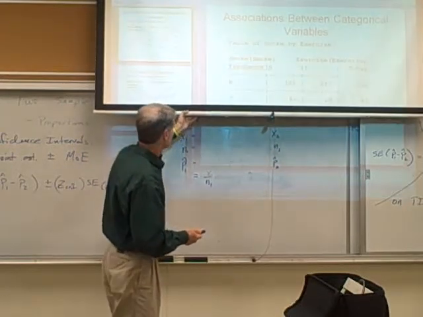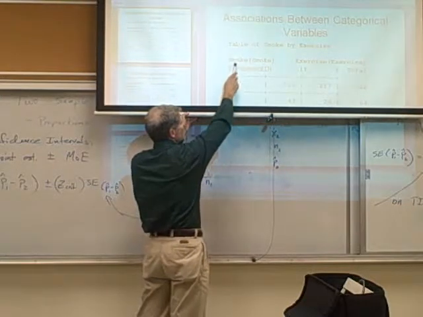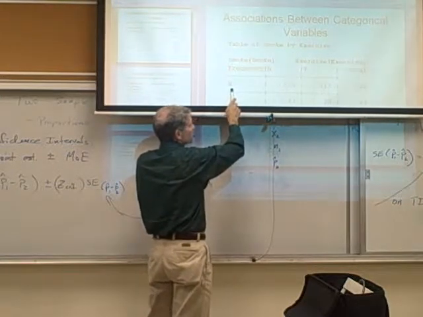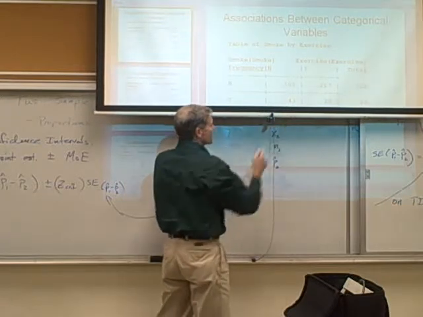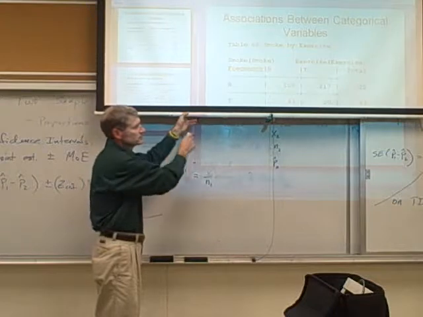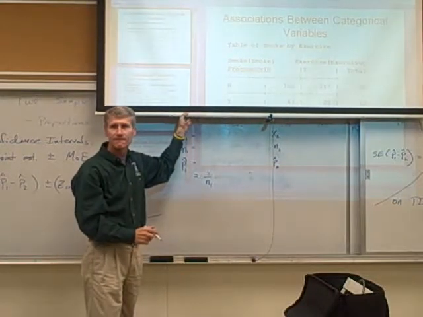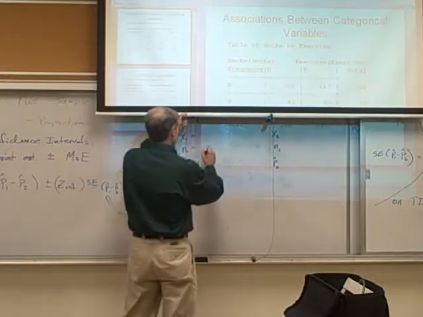So, let's call the top row, which is non-smokers, so this is an N for smoke. Non-smokers, what's my N1? How many non-smokers do we have? 322.